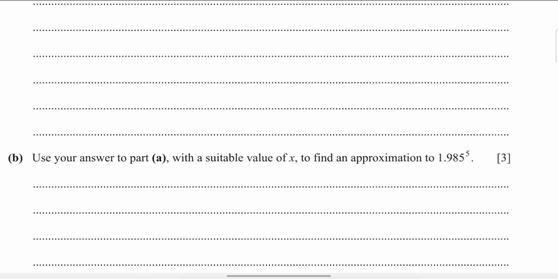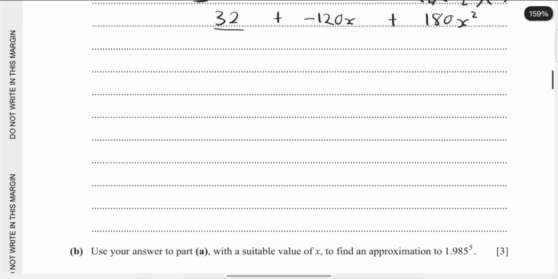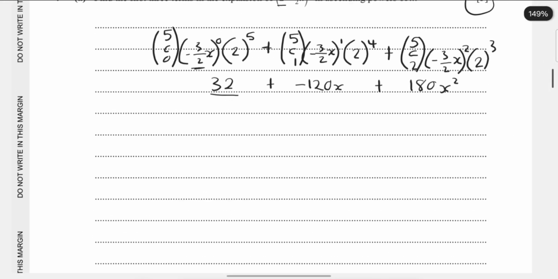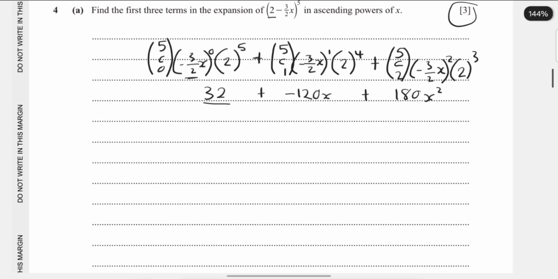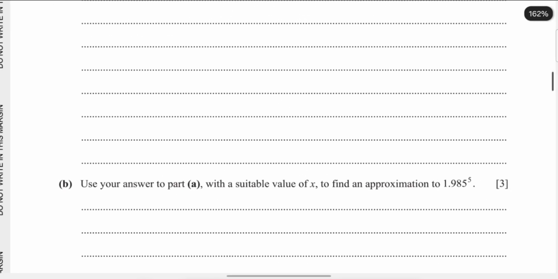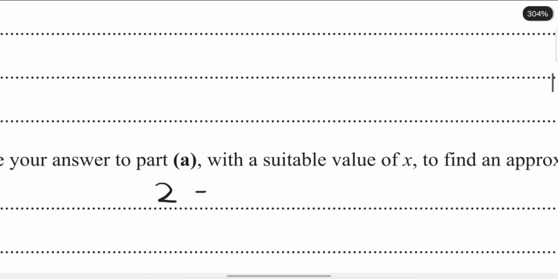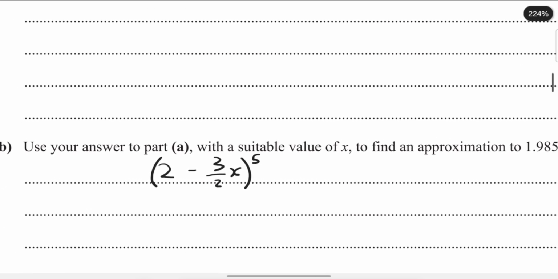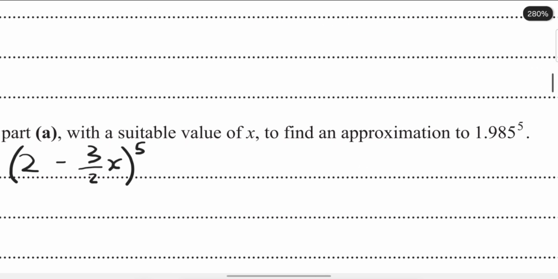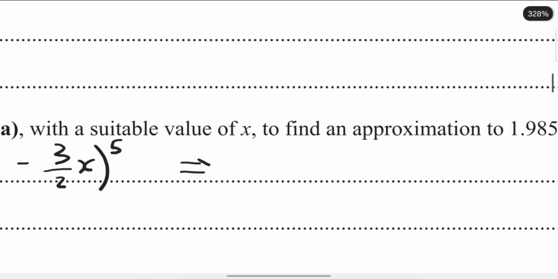And we know that for the first part we expanded (2 minus 3 over 2x) to the power 5, and we want to use that to approximate 1.985 to the power 5.